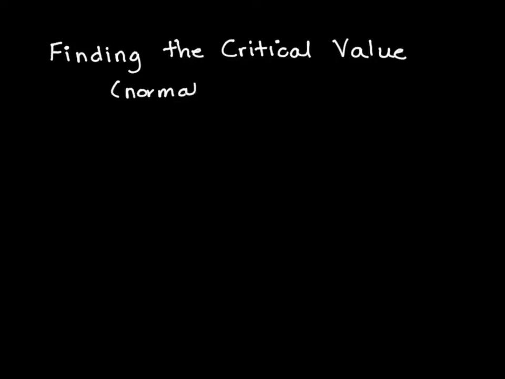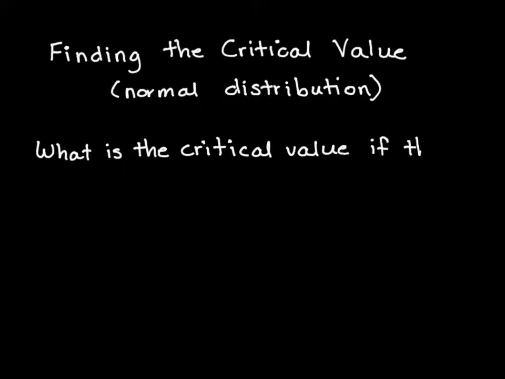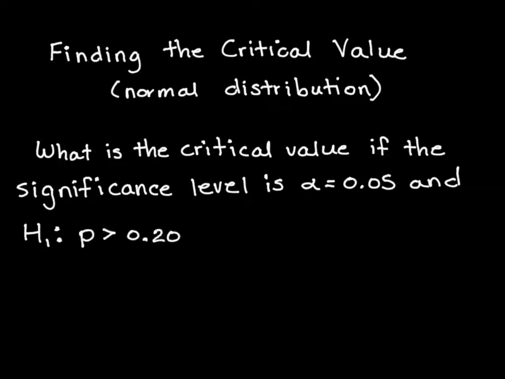So how do we find the critical value when we're working with a normal distribution? We want to find the critical value if the significance level in the problem is alpha equals 0.05, and our alternative hypothesis is that p is greater than 0.20. When we're working with a proportion, we're always going to be working with the normal distribution.